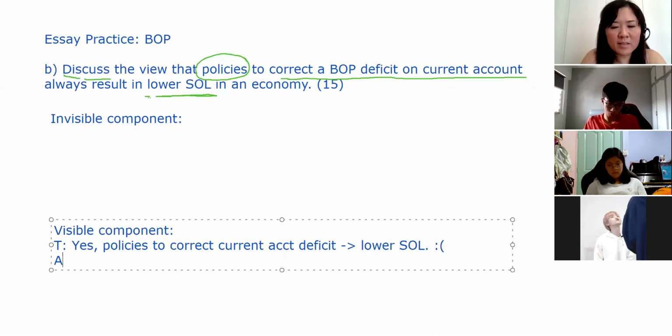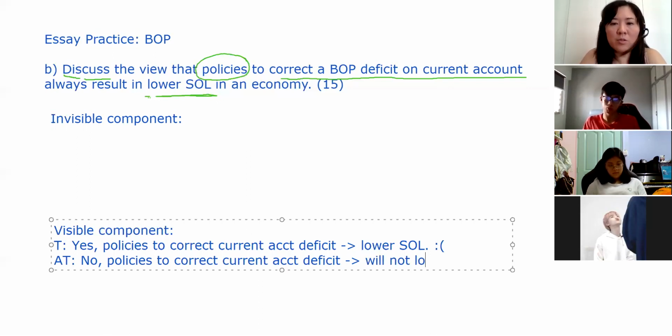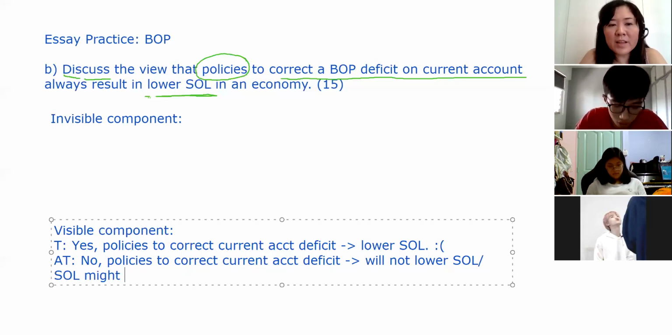The antithesis is the opposite: no, policies to correct current account deficit will not lower SOL. If it doesn't lower SOL, it means SOL might even increase.